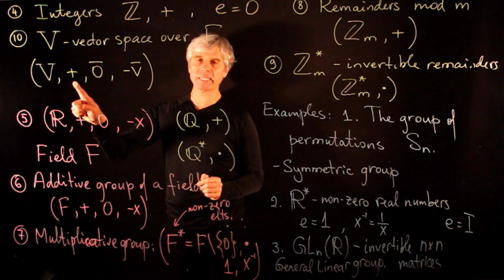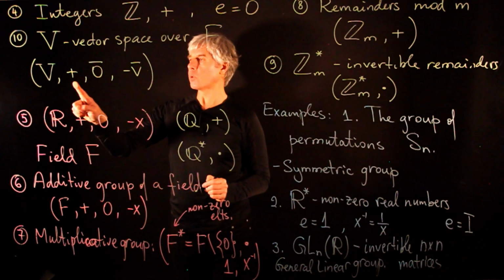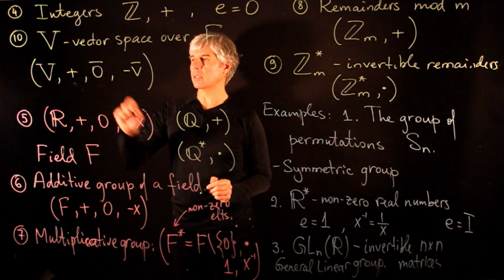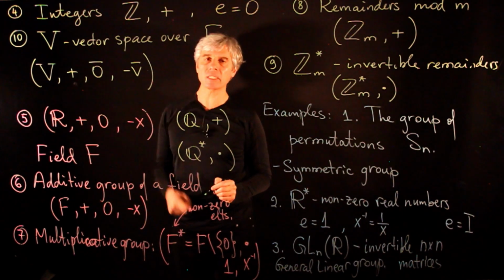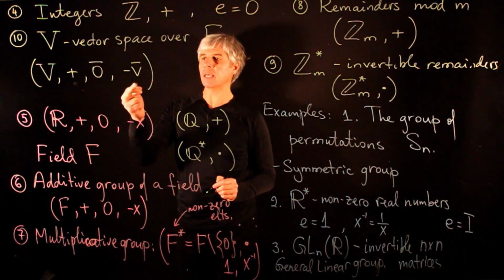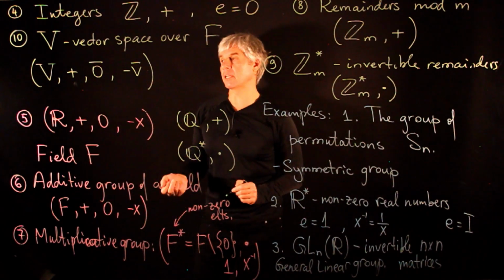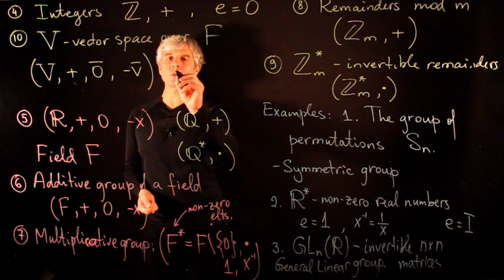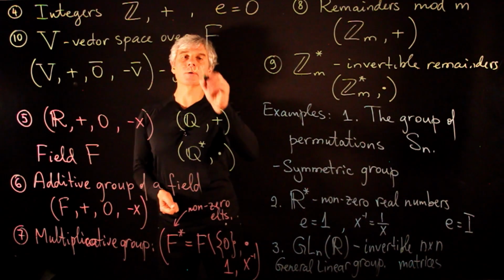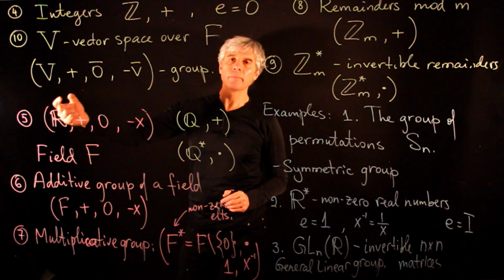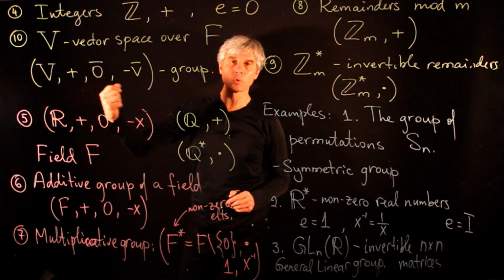Well, we know that we must have an associative law for addition of vectors. Then we should have the axiom of a 0 vector and the axiom for the opposite vectors. And so this means that this will become, again, a group. Every vector space may be viewed as an additive group.